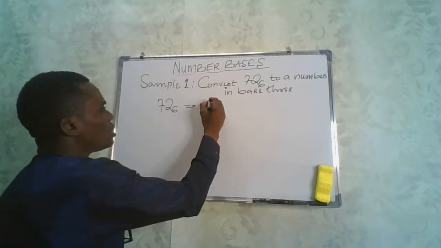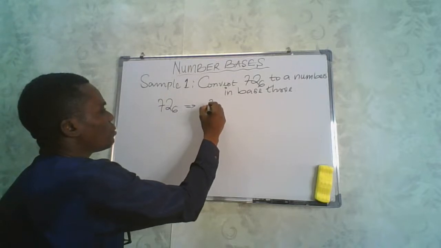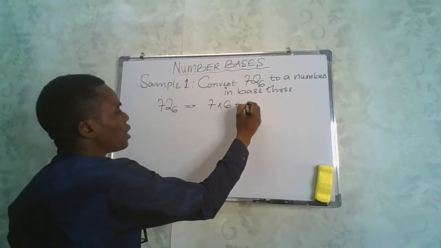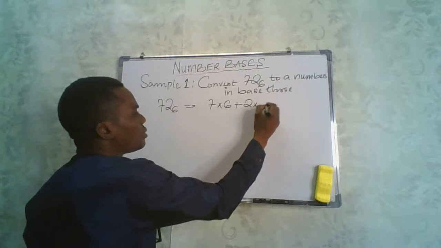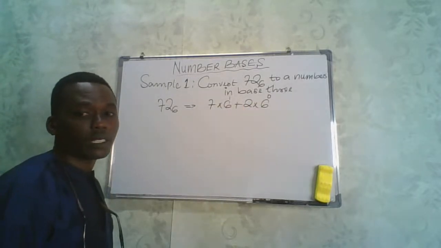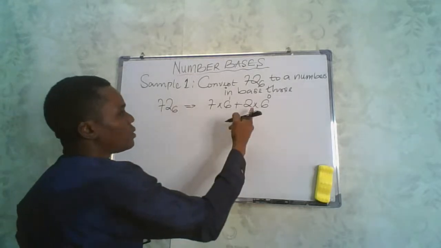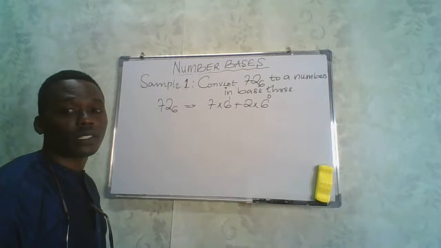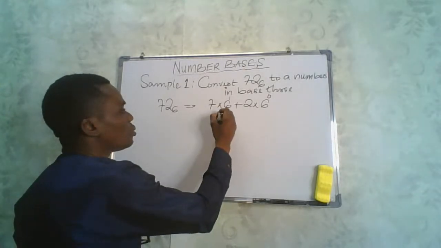To do this using the power expansion method, I'll simply have 7 times 6 to the power of 1 plus 2 times 6 to the power of 0. 7 times 6 is going to give us 42, right?